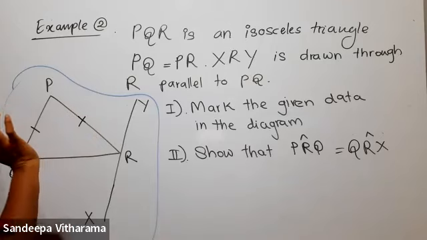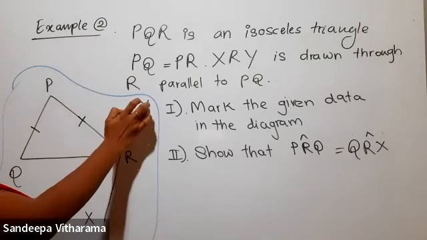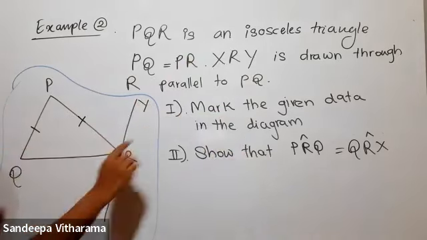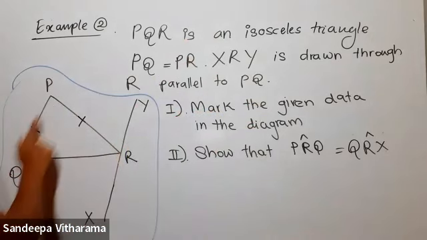Then XRY is drawn through R parallel to PQ.